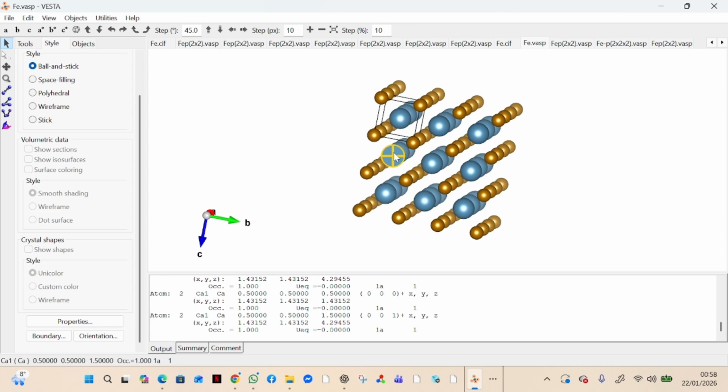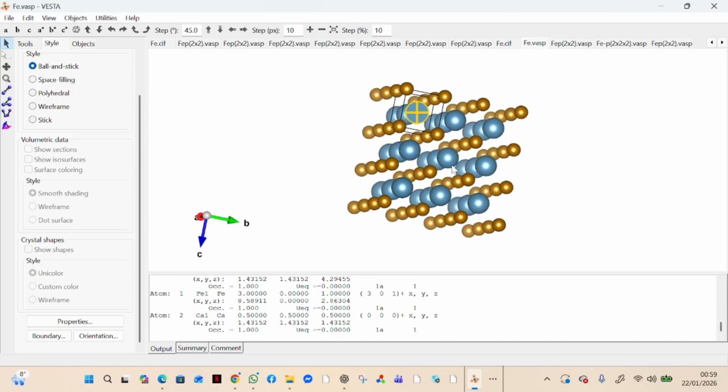So that's about 2 angstroms. So this is 4.2 and this is, so it should be 4.2 minus 1.4. So that's about 2 to 3 angstroms apart, which is not ideal.